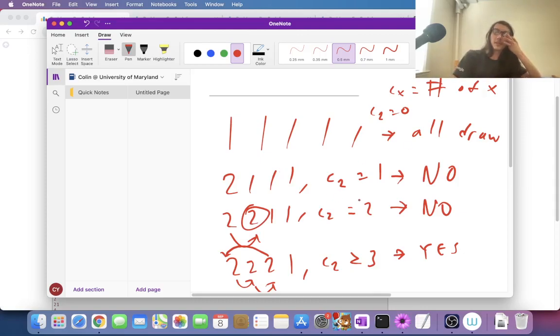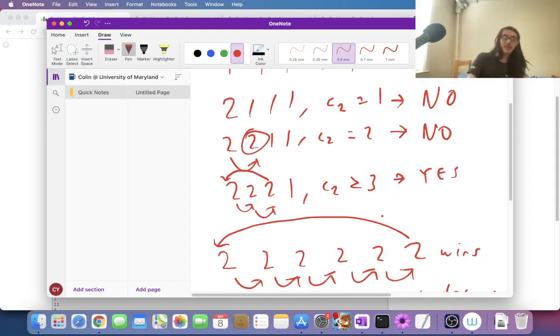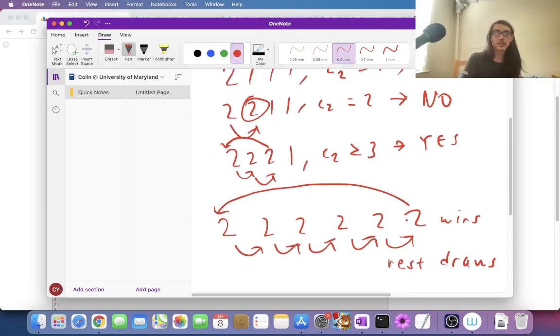If the number of 2s is 1 or 2, the answer is no. Otherwise, if it's more than that, we again initialize everything to be a draw, then we make this sort of cycle between the 2s. And then we say certain people are going to win against certain people, and the rest are going to be draws.